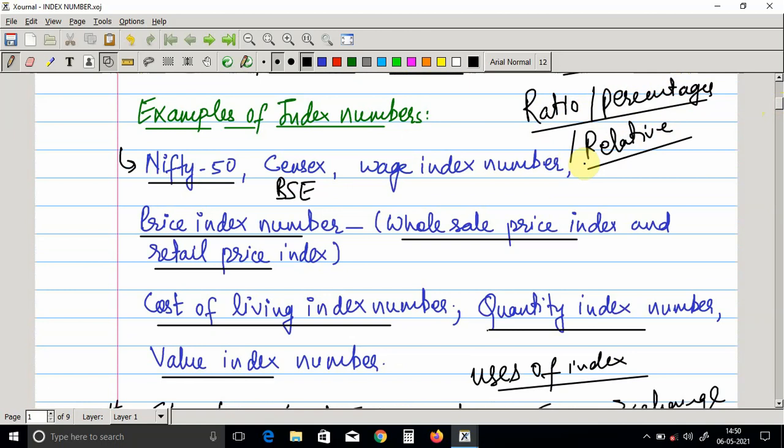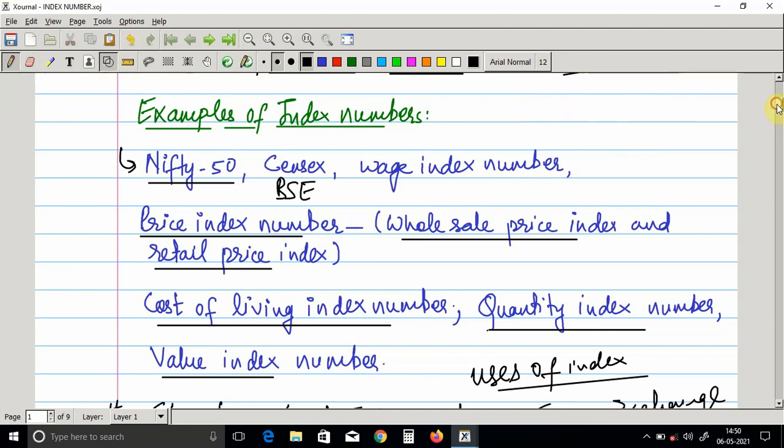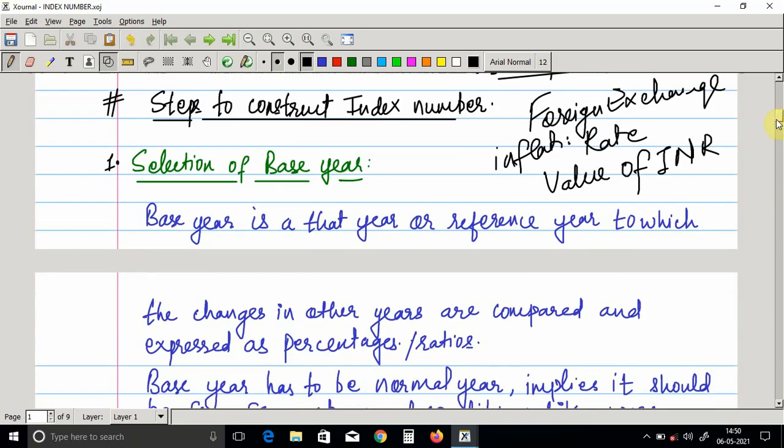So we are using a very small part of mathematics, and this is helping in a very big subject called economics. It's an application of very basic mathematics, and it is very important in economics.